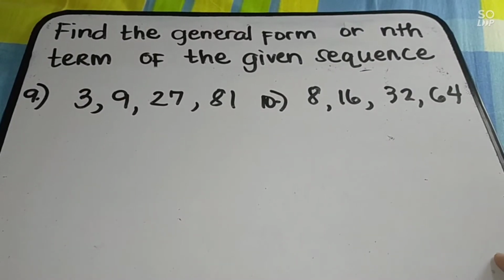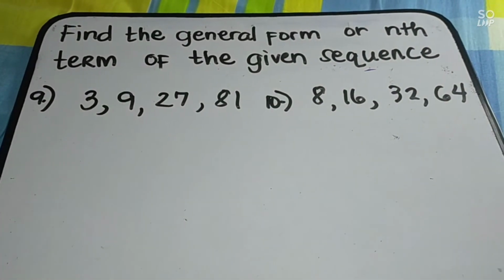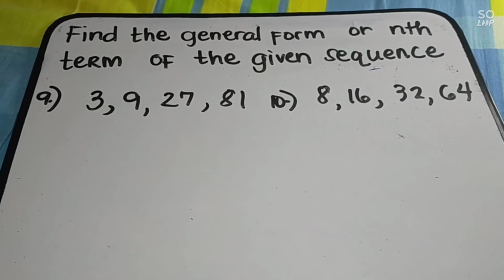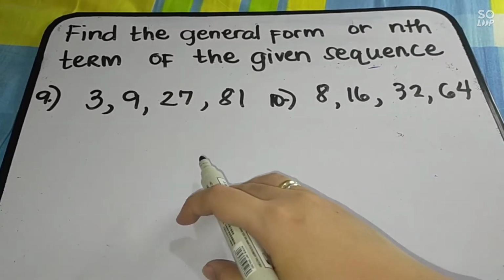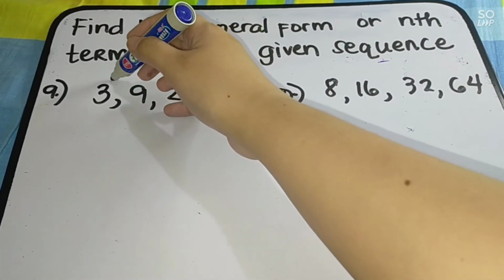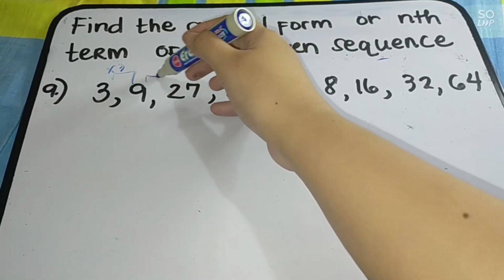For the last two examples, number 9, we have 3, 9, 27, 81. As you can see, the pattern here is no longer addition. So, this one is multiplication. We have a given of 3. For us to have 9, multiply it by 3, 3 times 3. Then this again times 3.